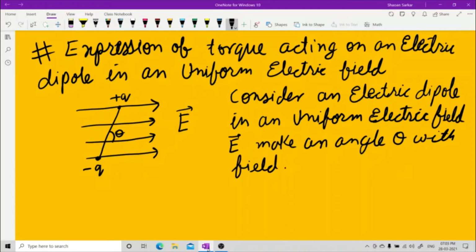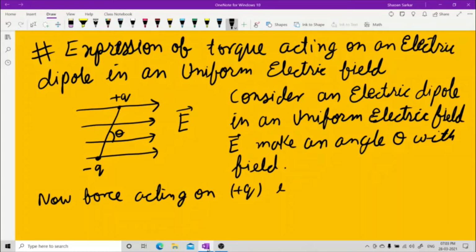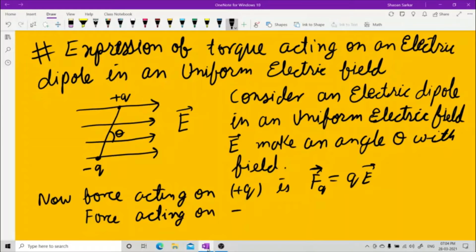Now the force acting on plus q is F due to plus q, which is qE vector, and the force acting on minus q is F due to minus q, that is minus qE.